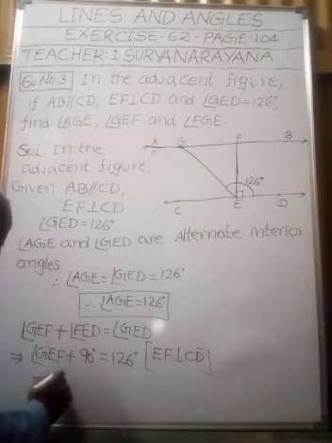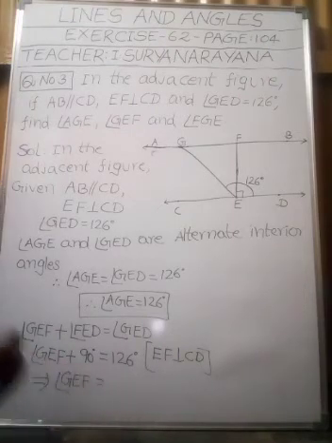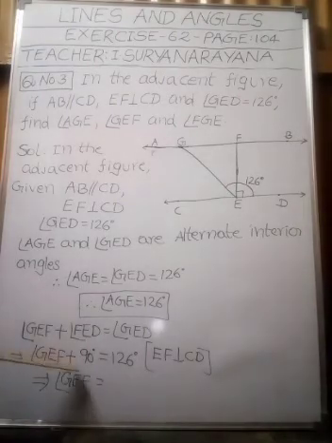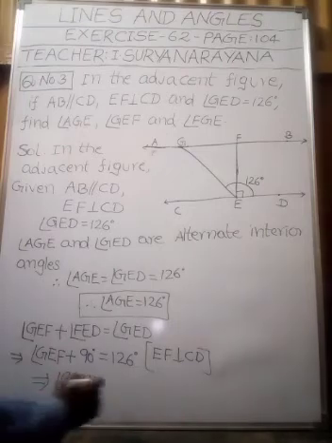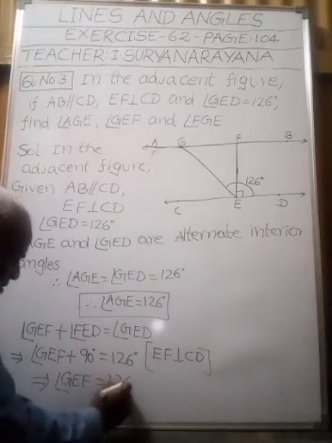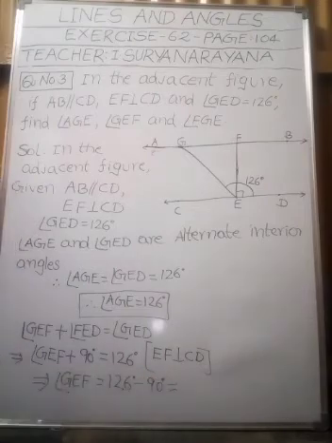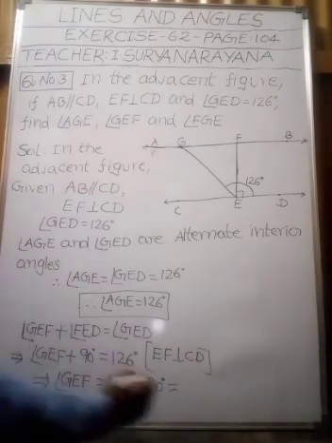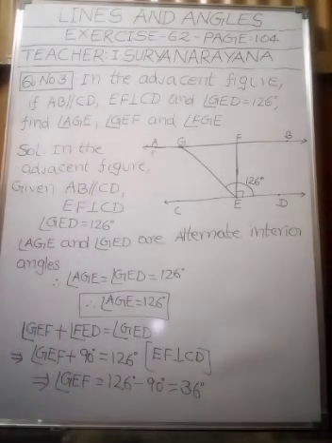This implies angle GEF is equal to, we transpose 90 degrees to RHS. Okay, my dear children? Understood? 126 degrees minus 90 degrees. Then what will you get here? 36 degrees.